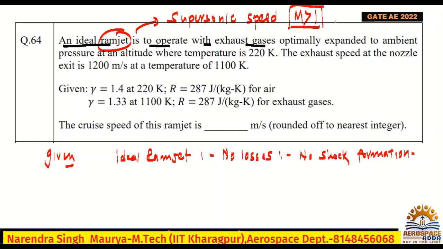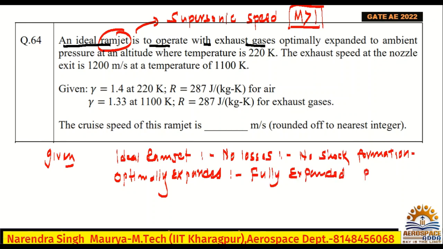All right. Optimally expanded, I will write this. Optimally expanded means fully expanded. That means exit pressure is equal to ambient pressure, or atmosphere.